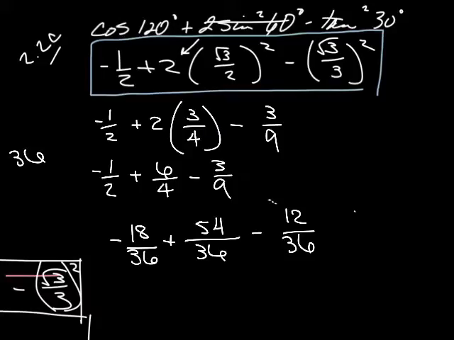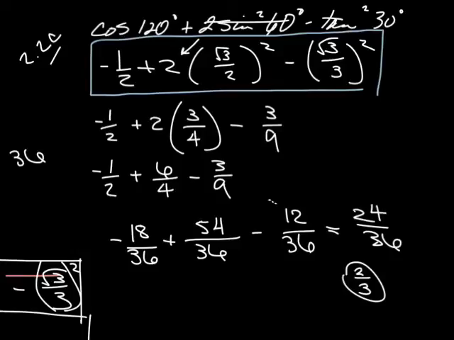And negative 18 plus 54 is 36 minus 12 is 24 over 36. And then we reduce that to 12 over 18, 6 over 9, 2 over 3. So when we take all of this stuff and add them up, we get 2/3. That's example 4.